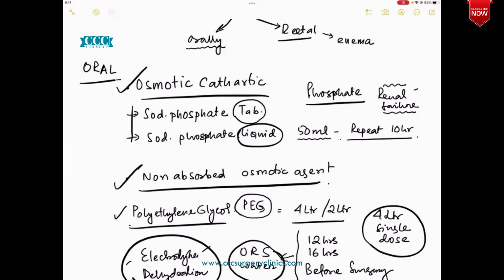So to remove all these tablet problems, it is better to have the liquid. Liquid is much more tolerable. If you tell your patients to take 40 tablets over a gap of around 8 hours, the compliance, I think, will automatically go down. People are not very happy taking so many tablets.